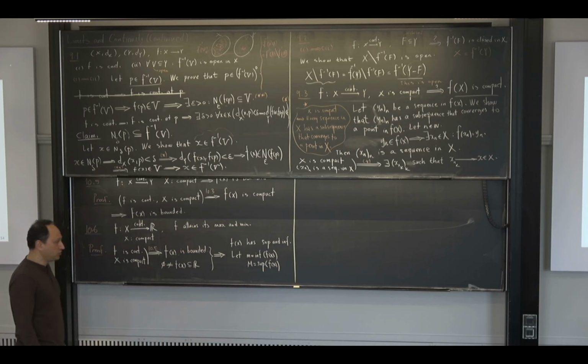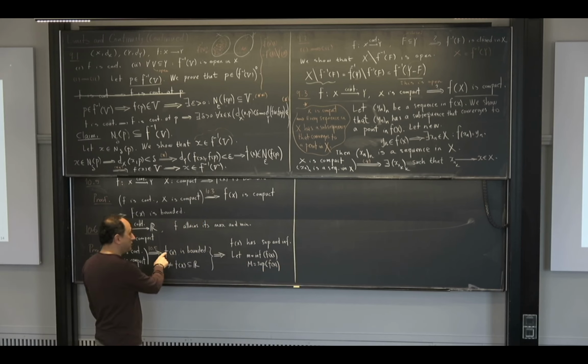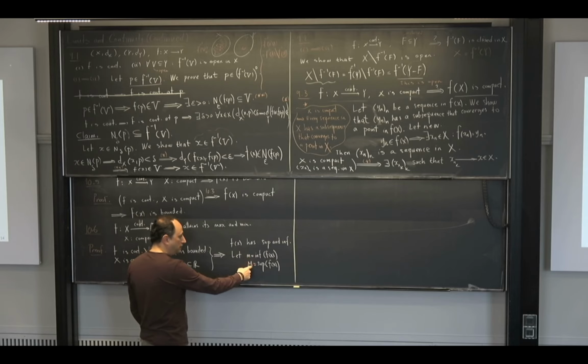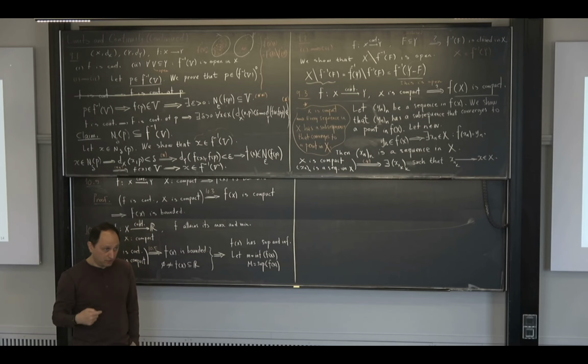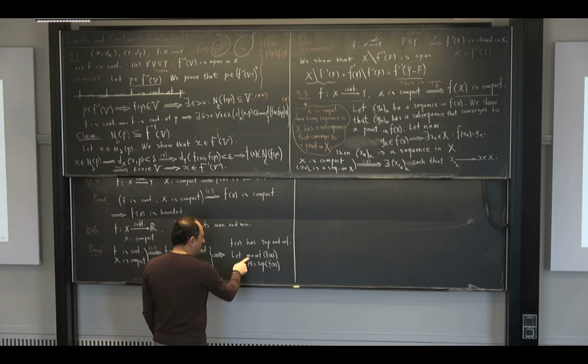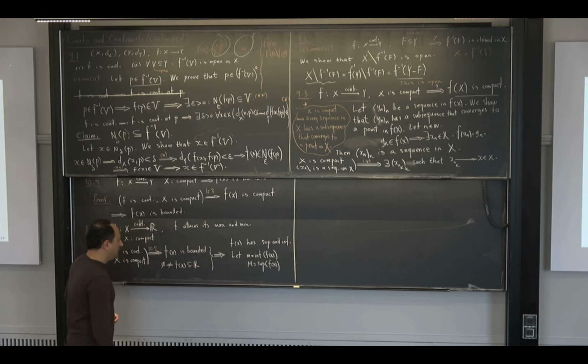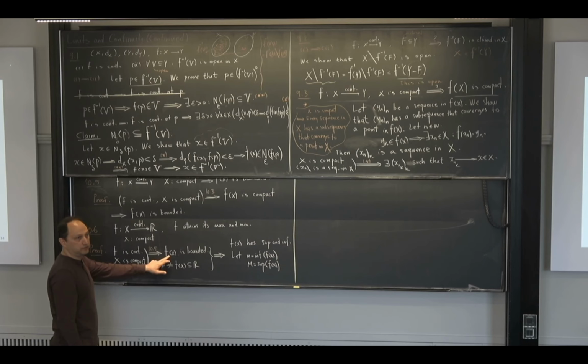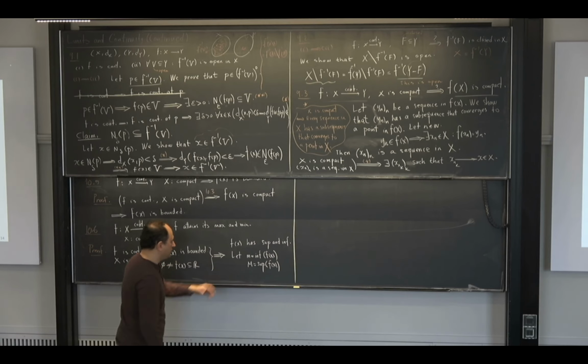But what I want to show is that my function attains its maximum and minimum. Supremum and infimum are good, but not good enough, because there is no guarantee they are attained. I want to show that they are attained. Can you tell me why little m is a limit point for f(X)? Let me talk about the supremum.